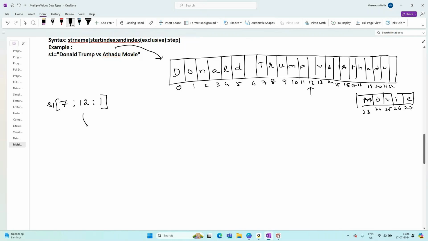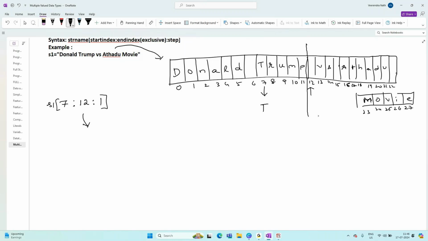What exactly happens here? Where did it start? At 7, so T will be given. Now what I told you, the end index is exclusive. Exclusive means you keep a gate here. Stop there. So don't go to 12. 12 is exclusive.